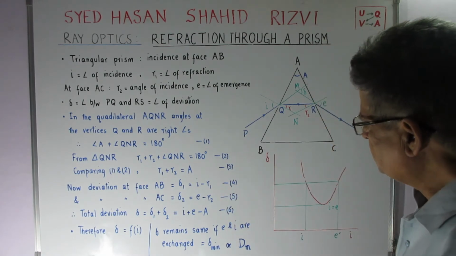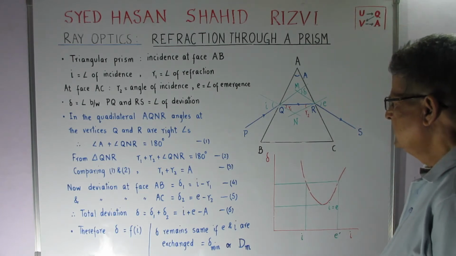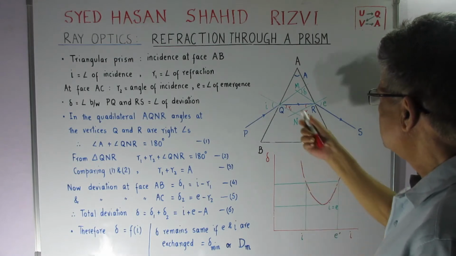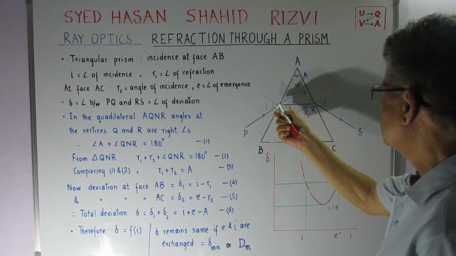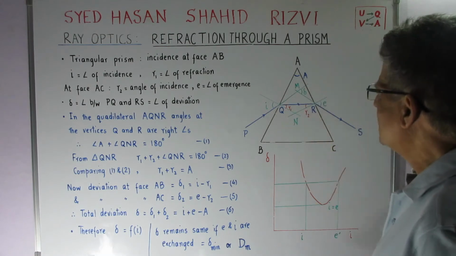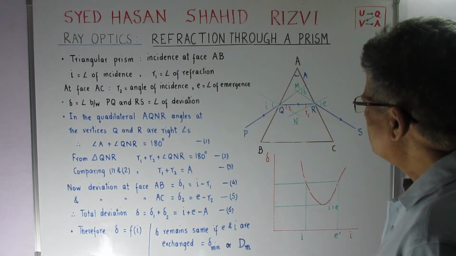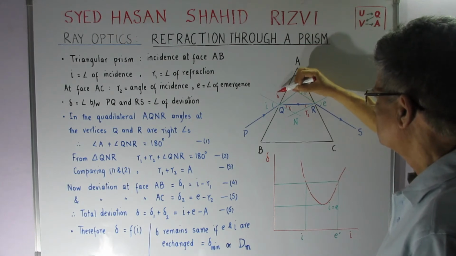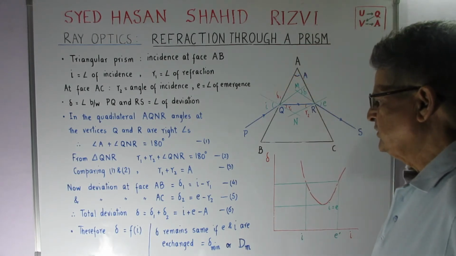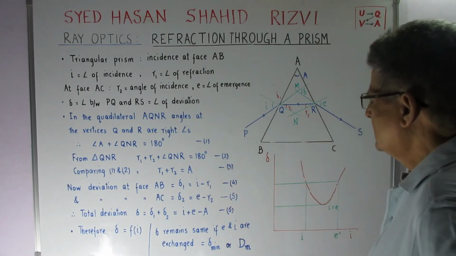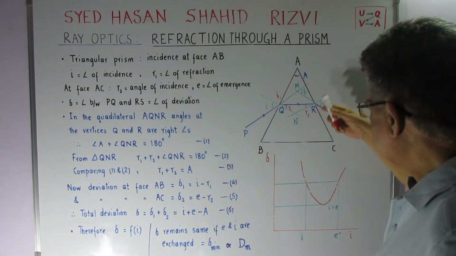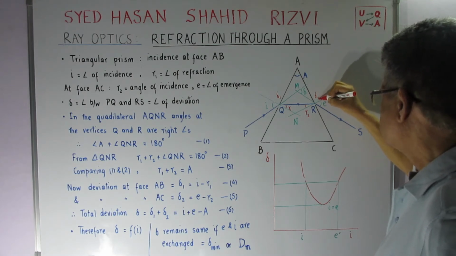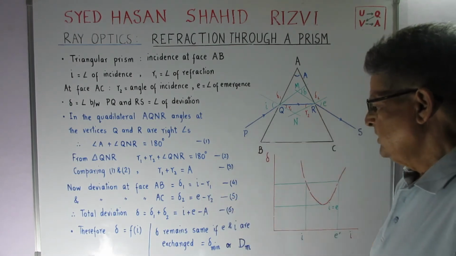Now the deviation at the face AB, here we have shown this as delta 1. This deviation is taken as I minus R1, and at the other face the deviation is taken as delta 2, and this is E minus R2.